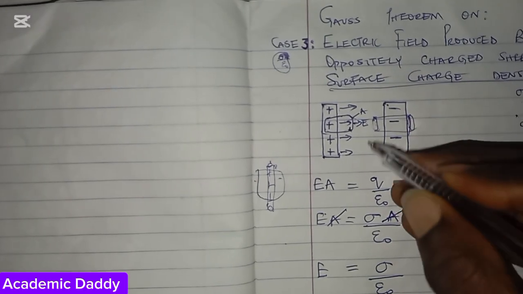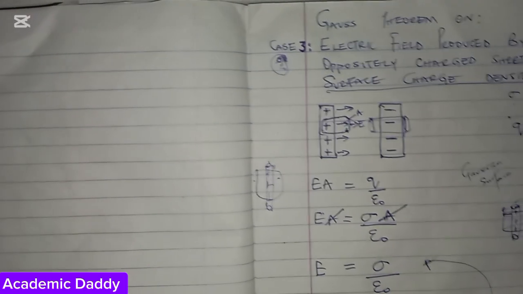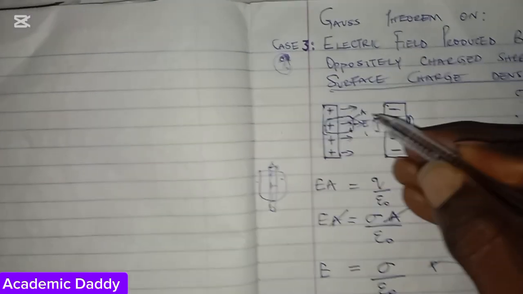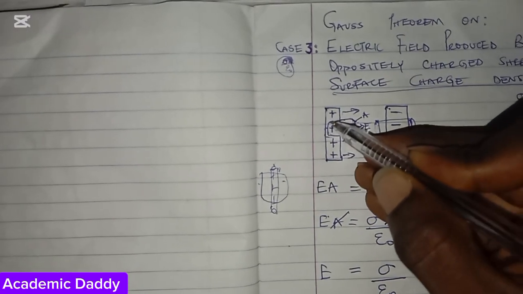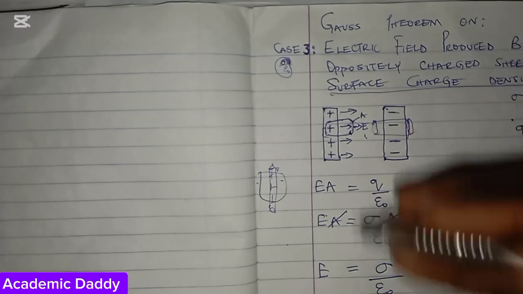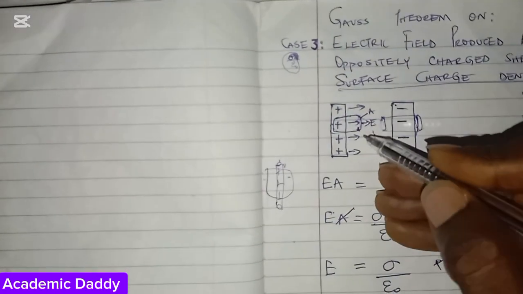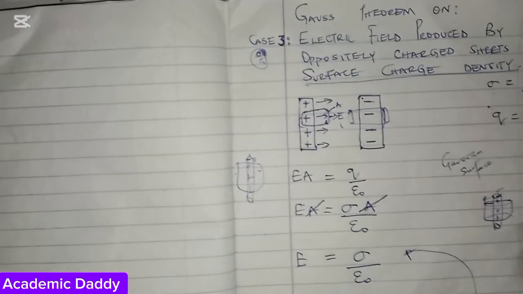There's no going out. If I enclose this, let's say this is the Gaussian surface, you can see that the area I have here is the same thing with what I have here, and again it's just a charge enclosed. It's not like when it is open like this other one, where I have an opening and flux is going out this way.